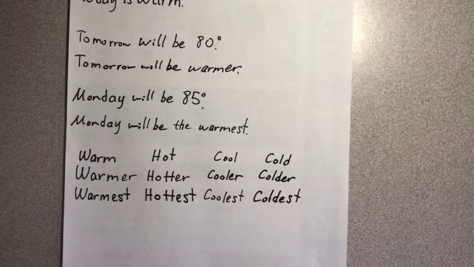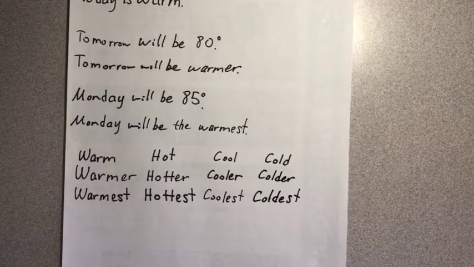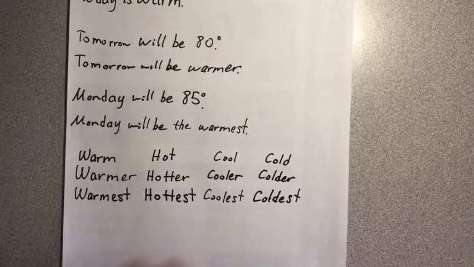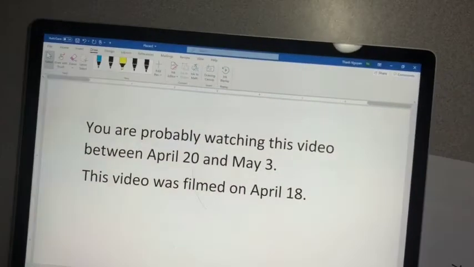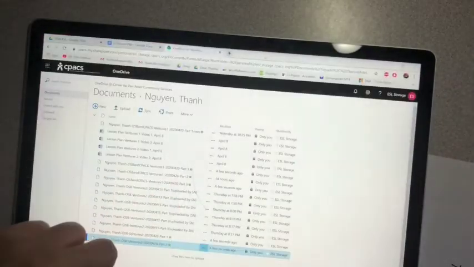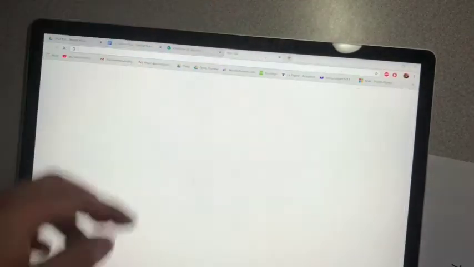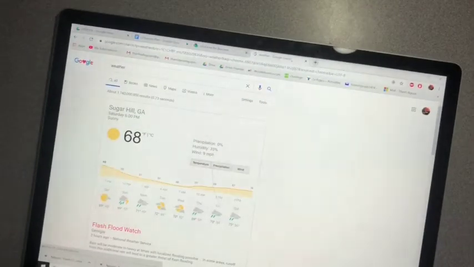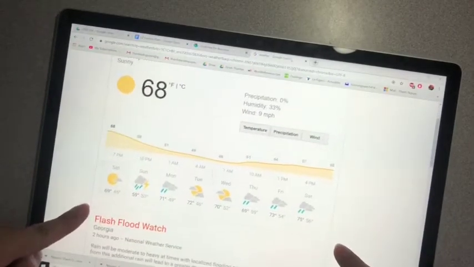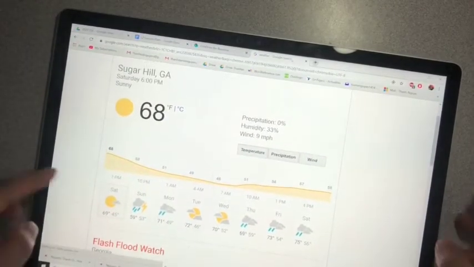So, let's look at the weather and see which day is the warmest and which day is the coolest. Oh, there's a flash flood warning. Be careful, everyone. Okay.